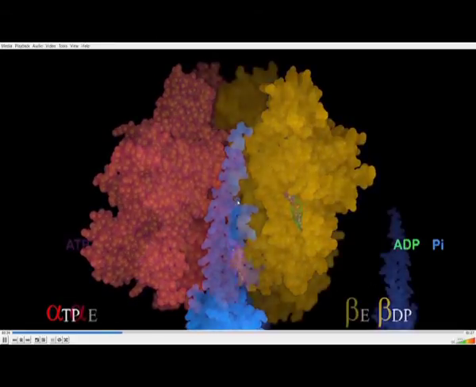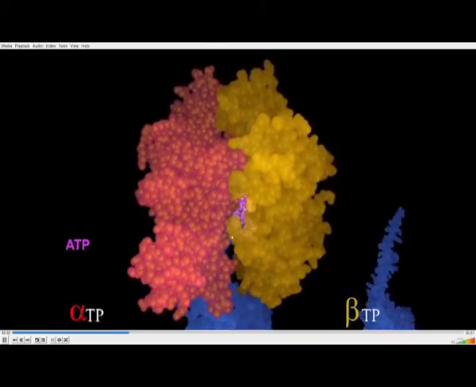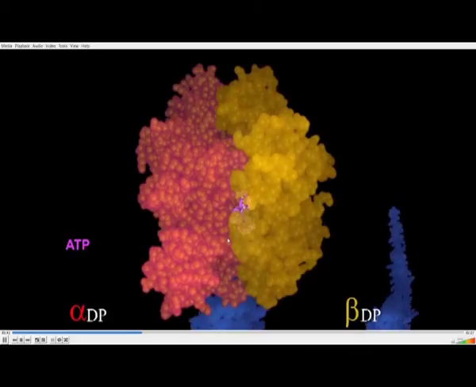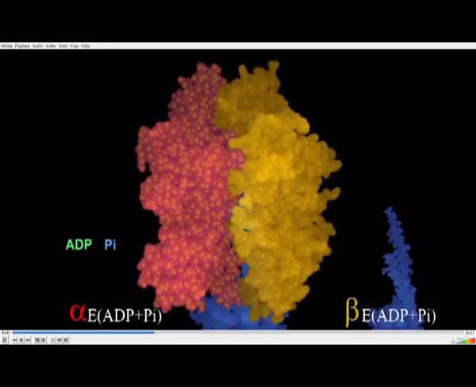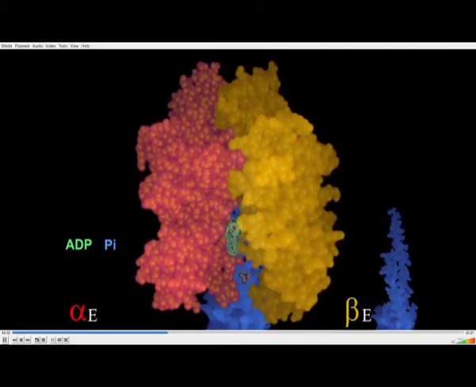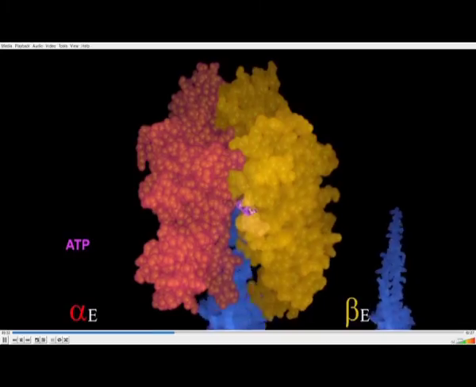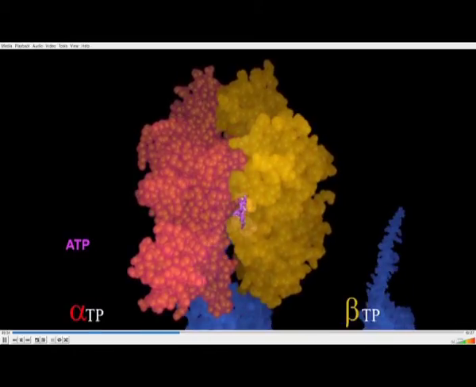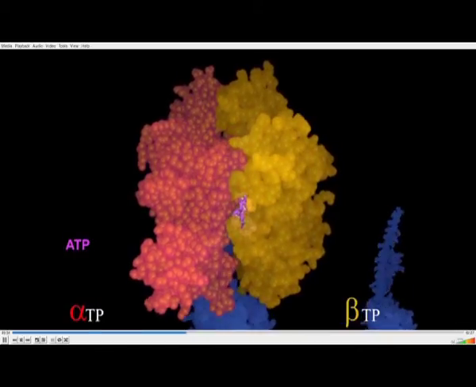As soon as that happens, you can see that the blue chain makes a conformational change, and because of that the beta subunit turns its active site first into the loose binding site and then into the tight binding conformation, and because of that it couples the ADP and Pi and generates the ATP.